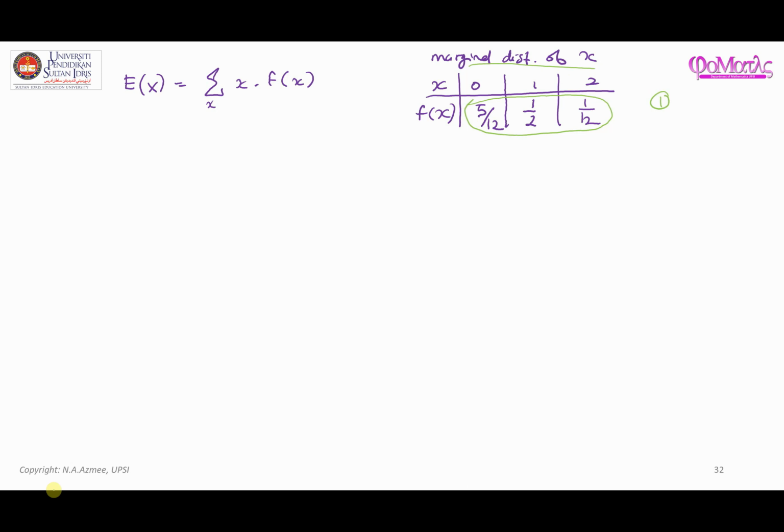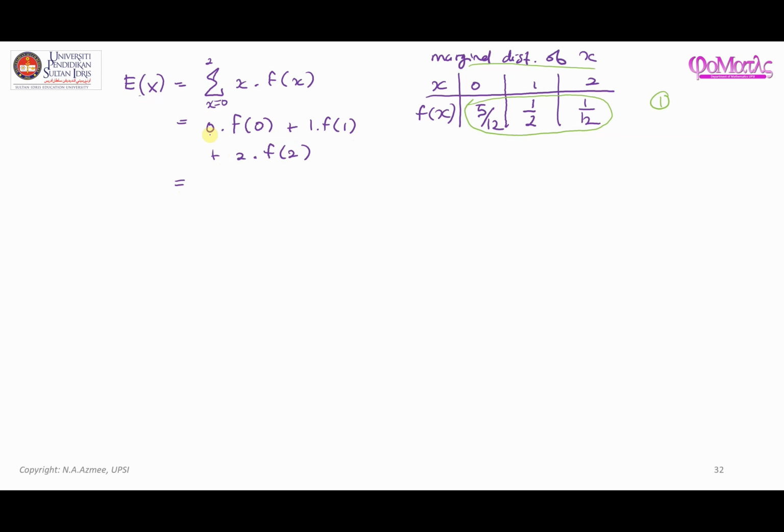So we're just going to apply the formula and solve this part in finding the expected value of x. x begins from 0 until 2, so we are going to have 0 times f(0) plus 1 times f(1) plus 2 times f(2).